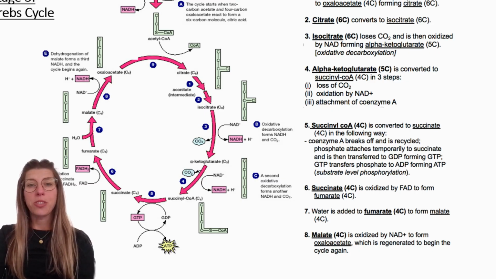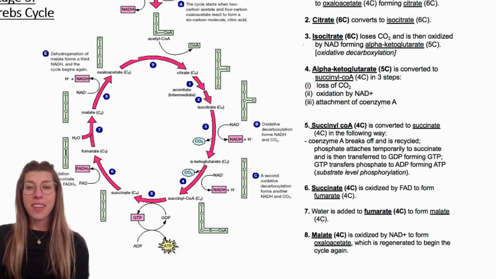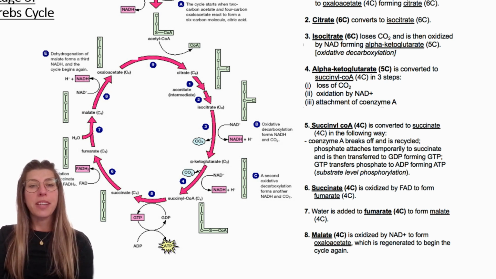And that isocitrate loses a CO2 and is then oxidized by NAD. We see the NAD coming in here. It's taking an electron from it. And the end result in step 3 is alpha-ketoglutarate, which is a 5C compound, because remember, it loses a CO2 from the 6C, so that's when it reduces to a 5C compound. This is another example of oxidative decarboxylation, just like how we saw in the pyruvate oxidation in stage 2.